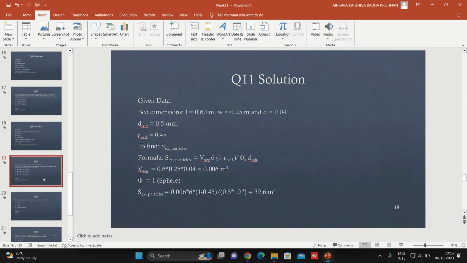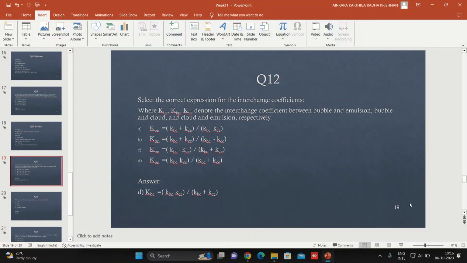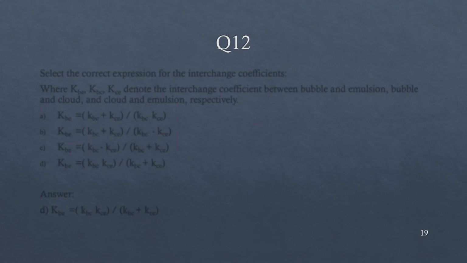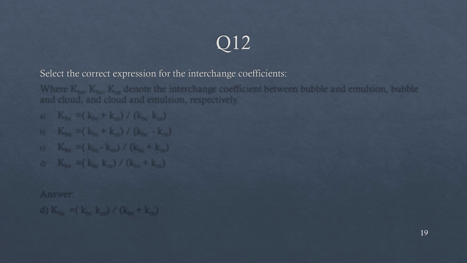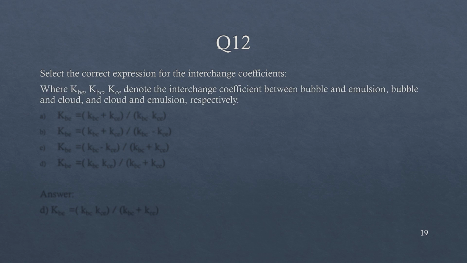So now we'll go to question 12. In question 12, it is asked to select the correct expression for the interchange coefficients, where KBE, KBC, KCE denote the interchange coefficient between bubble and emulsion, bubble and cloud, and cloud and emulsion respectively.